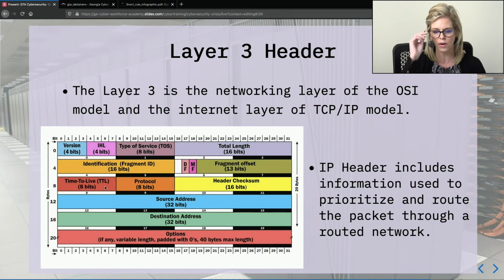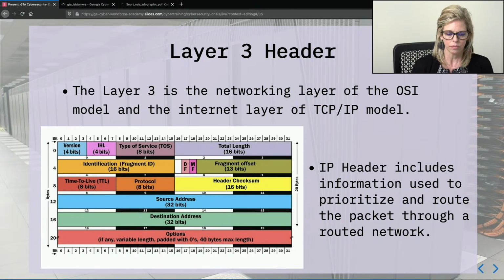So the time to live value is what a device uses to determine the time for this packet to live. Every time a packet traverses a layer 3 device, the layer 3 device is required to open it and decrement the TTL. Once the TTL reaches 0, then the packet has to die.